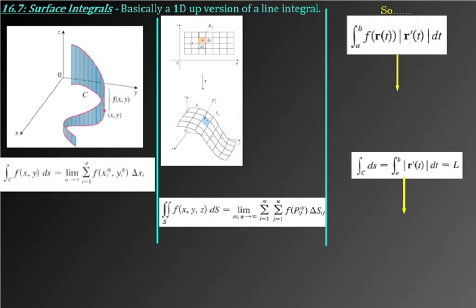You can think of this one line as the space curve. Now I'm just saying let's let it go left and right from there. But if we do the same idea where we measure how much stuff is basically above or below this and the plane down here, then that is what a surface integral is. It's really just the 1D up version of a line integral.